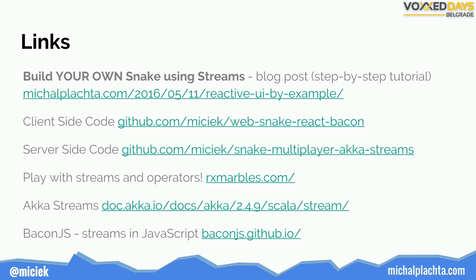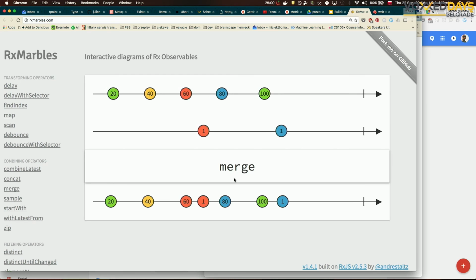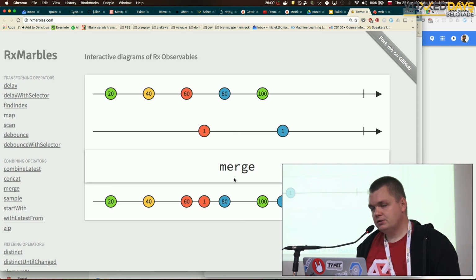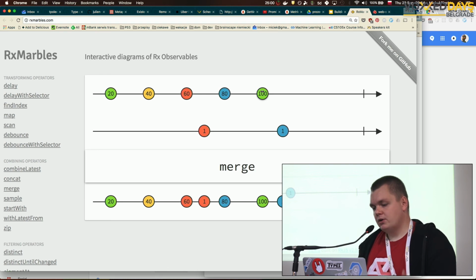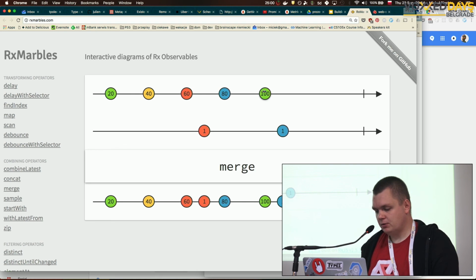Okay? Those are the links that you can use. You can build your own snake using streams, and there is a blog post about that that takes you step by step. There's client code, server code, and GitHub repositories. And there's this one library, RxMarbles, that I like to use whenever I want to learn new operators. There are many streaming libraries. The operator names are different, but they work basically the same. For example, for merge, you can play around here.